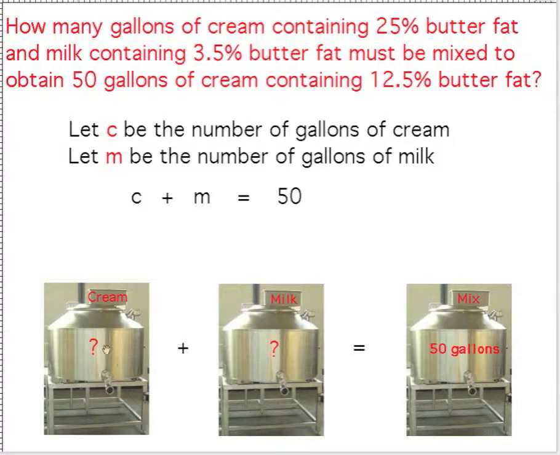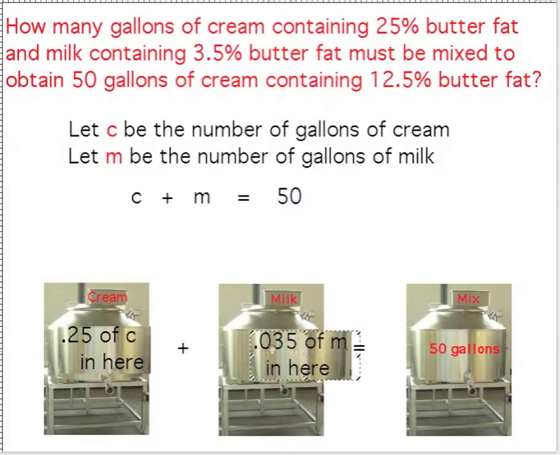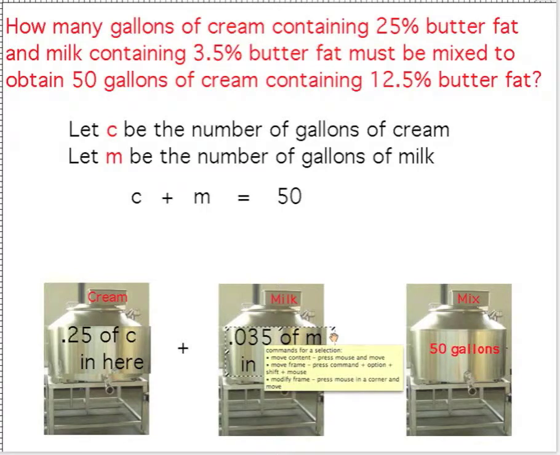I don't know how much cream is in here. But one thing's for sure, whatever is in there, 25% of it is going to be butterfat. Similarly, when you go back upstairs here, it says milk contains 3.5% butterfat. Now I don't know how much milk is in there, but I know, going to a decimal here, that 0.035 of milk that's in there is butterfat.